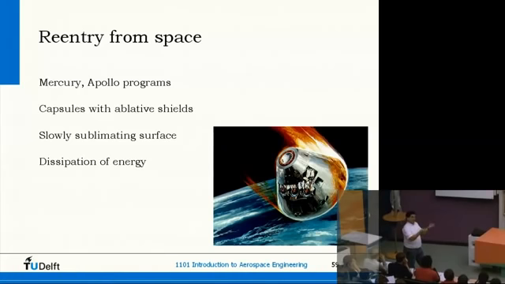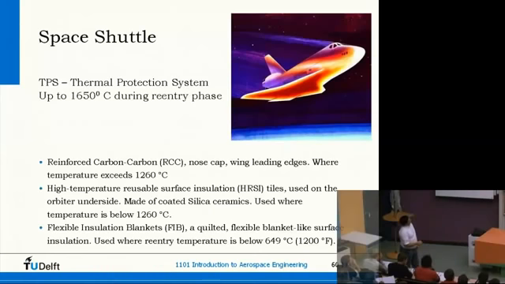Very little material, but by dissipation, a lot of energy was consumed by the dissipating material, by the sublimating surface. And that is still used nowadays, was also used in the space shuttle, for instance.